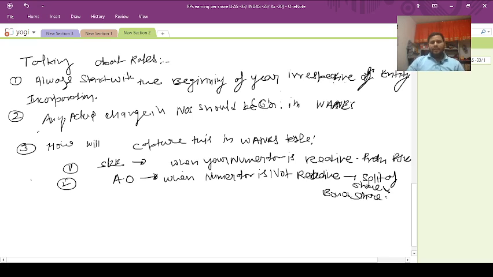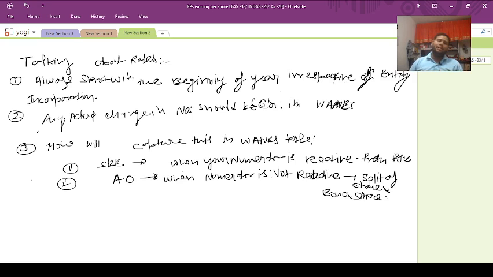In a bonus share, nothing changes in the capital structure. You are simply setting off your reserves and surplus against the capital, so no free cash flow is coming into the business. That's why its numerator is not reactive, and that's why it is always adjusted in the opening balance.